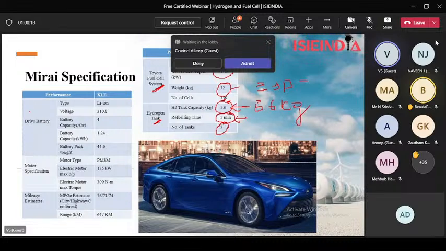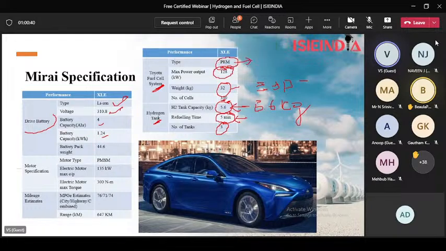Now coming to the battery part, this Mirai has lithium ion batteries, its voltage rating is 310, the capacity of the battery is 4 ampere hour, and in terms of kilowatt hour, it is 1.24 kilowatt hour. So here the battery is used as secondary and the fuel cell is primary.